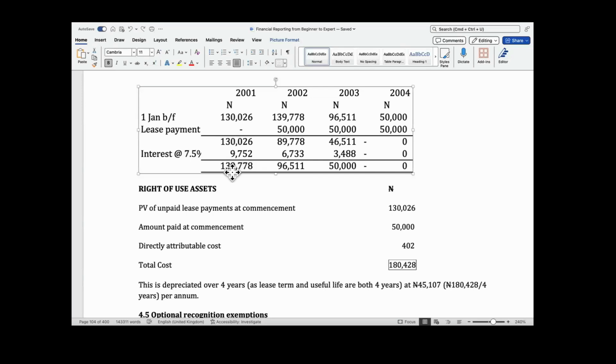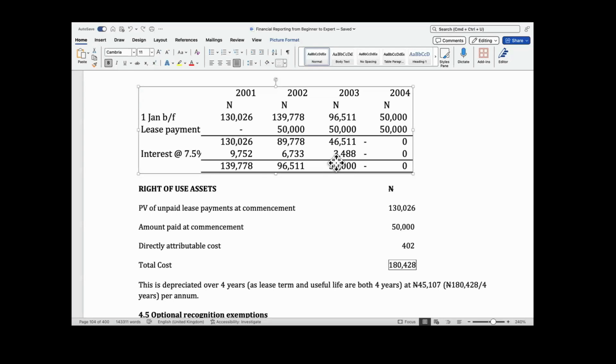So this 139,778, we'll carry it to next year. In the second year now, we can remove the rent that we paid, which brings our liability to 89,778. We can then apply the interest, because the interest is happening at the end of the year, while payment is happening at the beginning. So it's logical to remove the payment first.